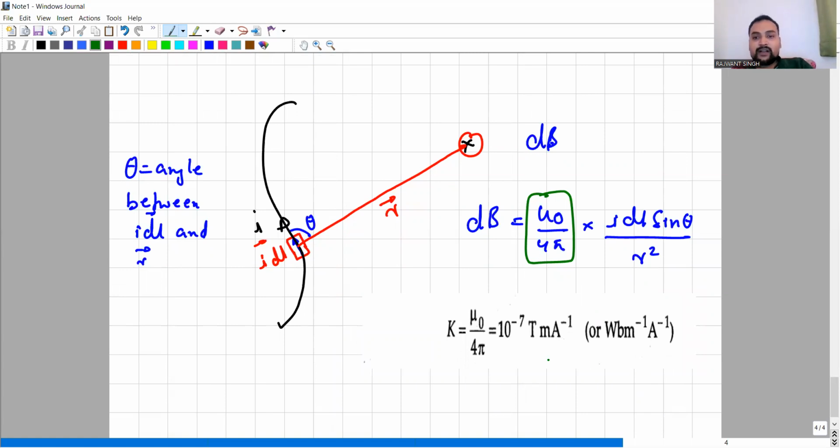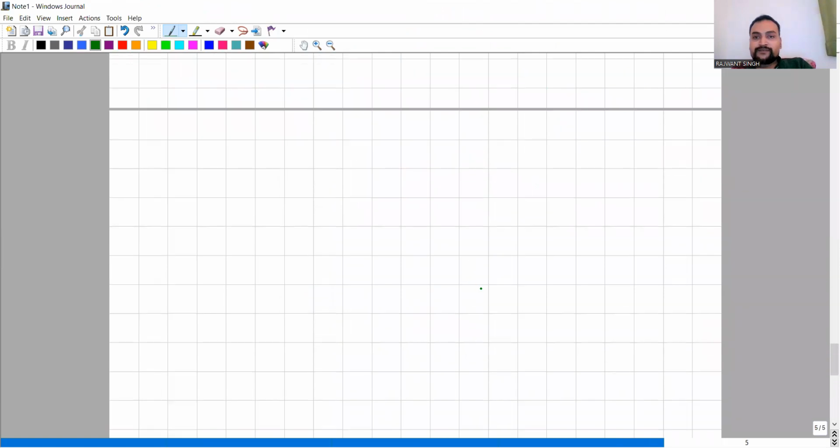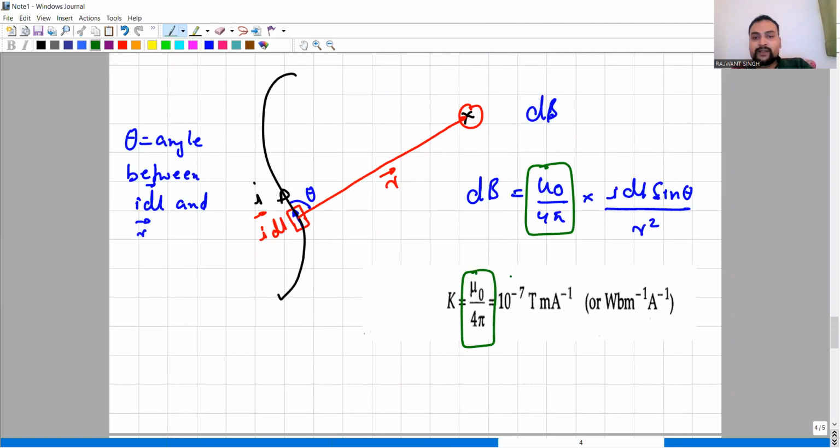Here you are going to use a constant k as mu naught by 4 pi. Mu naught by 4 pi will have a value of 10 raised to minus 7 Tesla meter per ampere. How this Tesla meter per ampere comes in, we'll discuss, don't worry. For now, just understand that the value of mu naught by 4 pi is 10 raised to minus 7, and it is a constant.